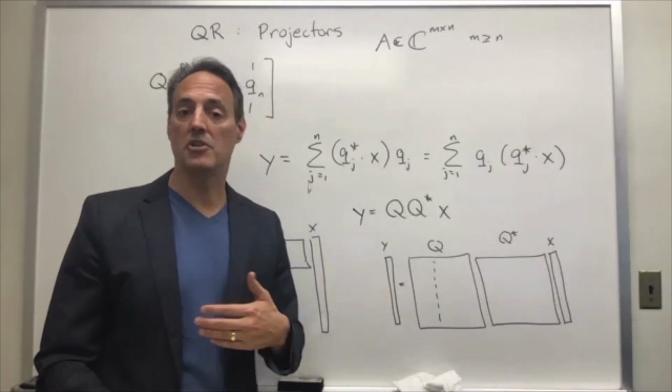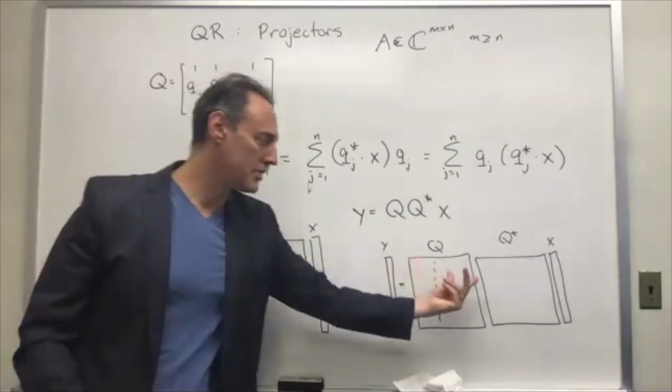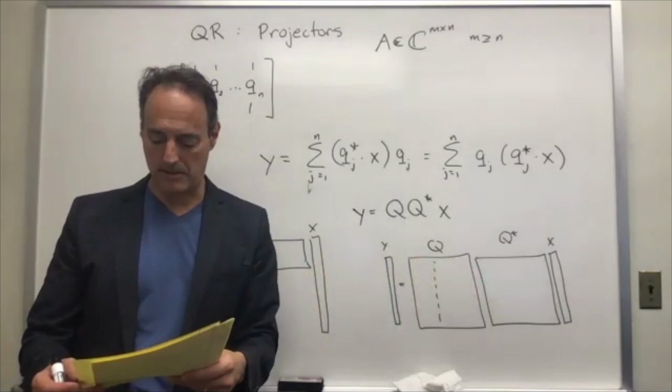And you could imagine I could just make up a full decomposition of the space. And so then you would have this as the projector for the entire space. Okay?